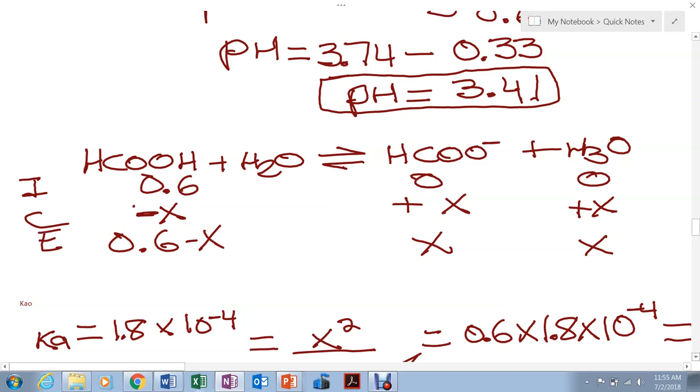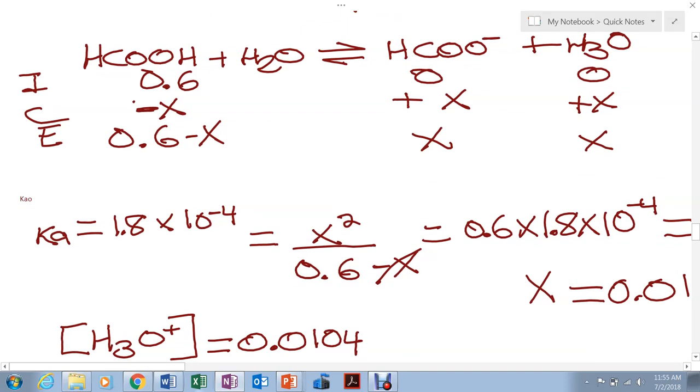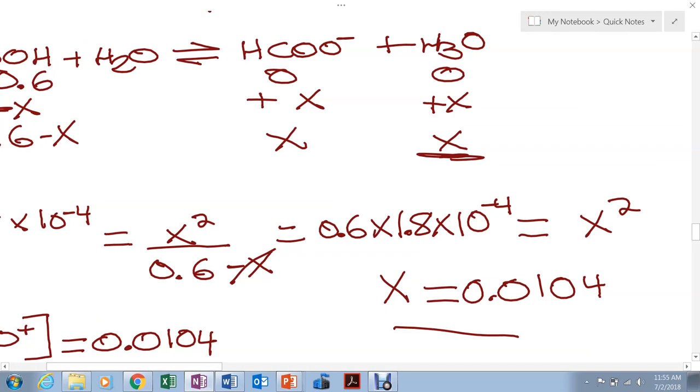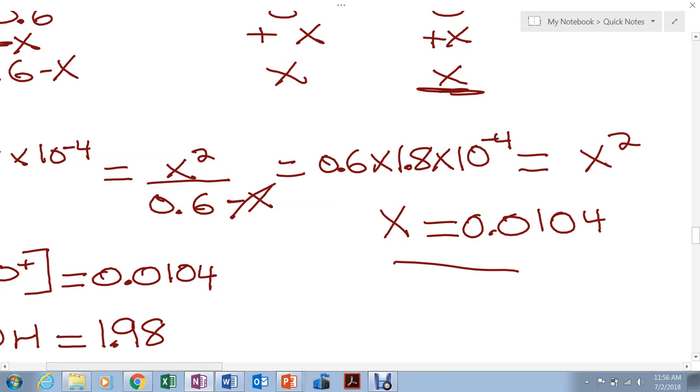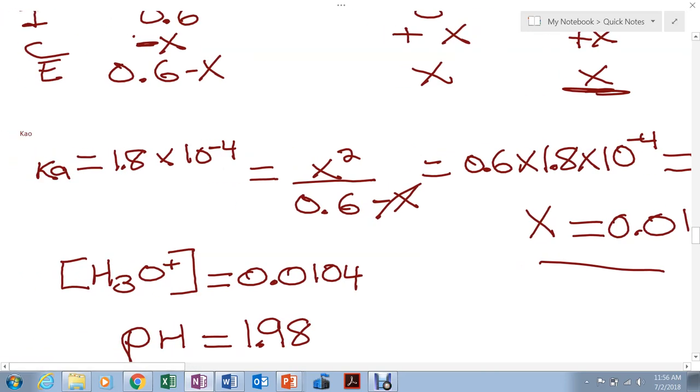So we go ahead and find the X, which is the concentration of hydronium, and it gives us this. I did cross out the X, but I verify and it's less than 5%, so I can do that. My assumption is valid. And then look at the pH that I got, 1.98.